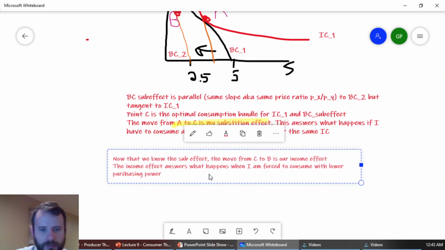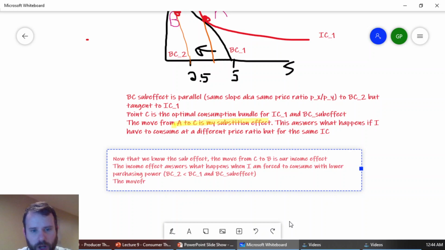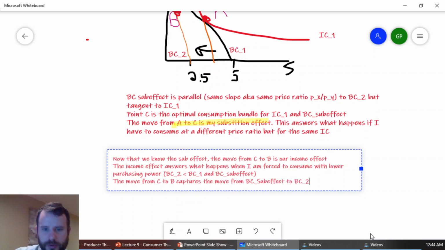So BC2 is less than BC1 and BC sub effect. So the move from C to B captures the move from BC sub effect to BC2.